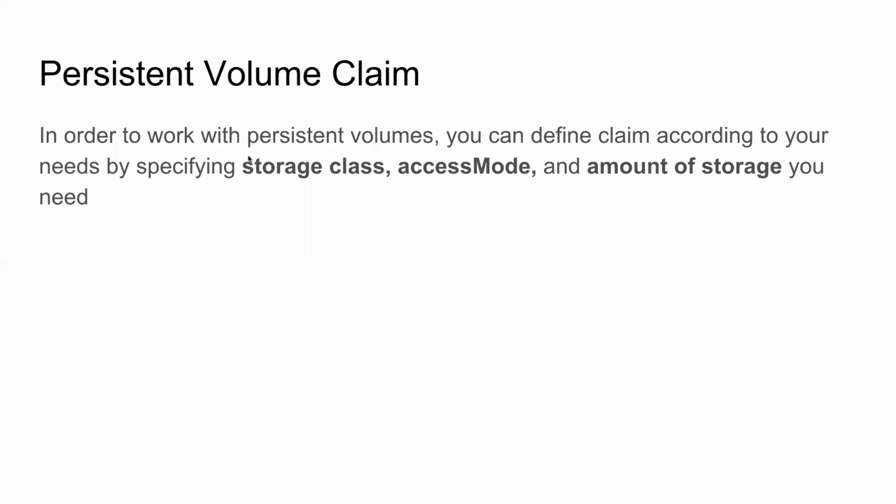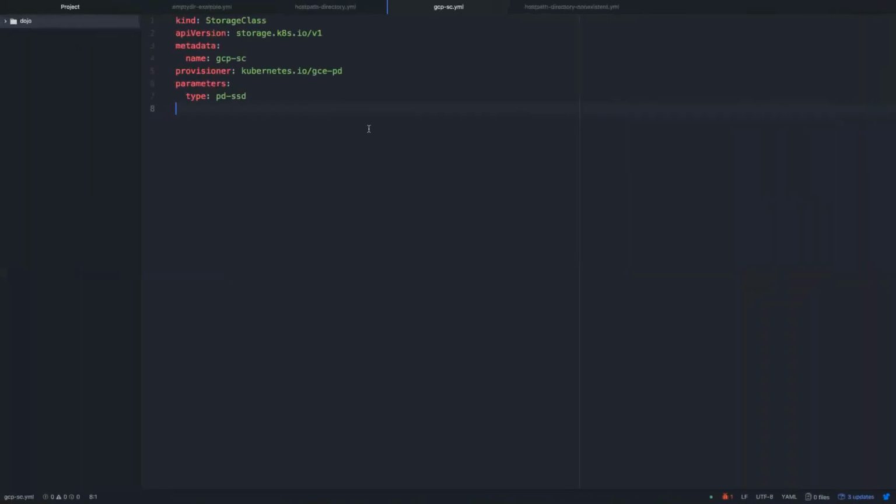We already created our storage class, so within the persistent volume claim, we will provide our storage class. We can provide access mode, and then you can provide the amount of storage. So there is a huge system there. You can claim any kind of amount from that storage class.